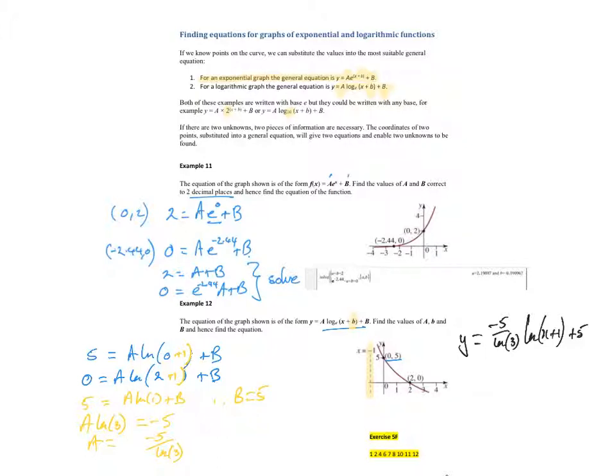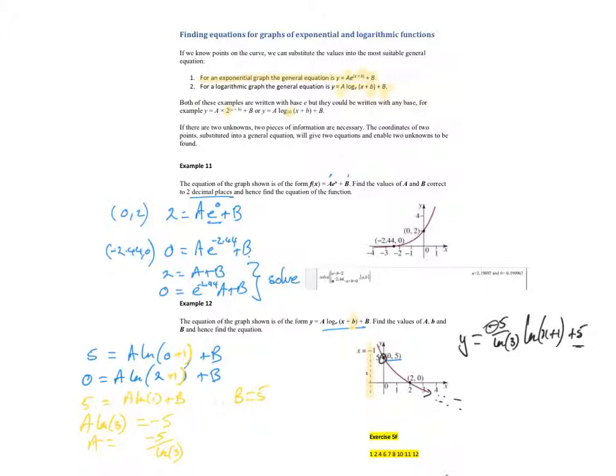My graph's been flipped upside down, so a negative sign out the front seems reasonable. It's been moved 1 unit across. And if the graph has been flipped upside down, that plus 5 explains why our intercept is up there at (0, 5).